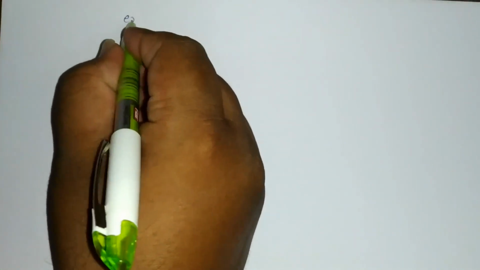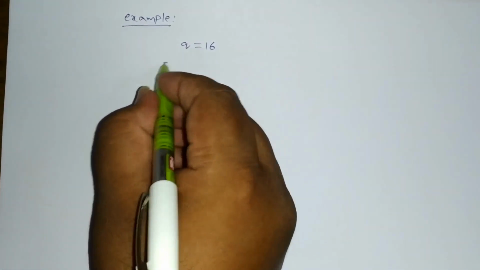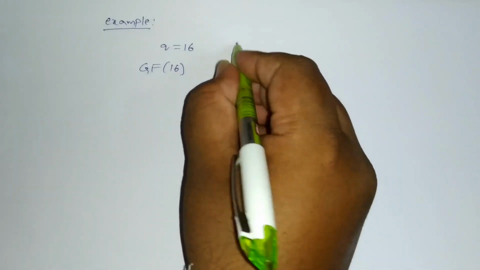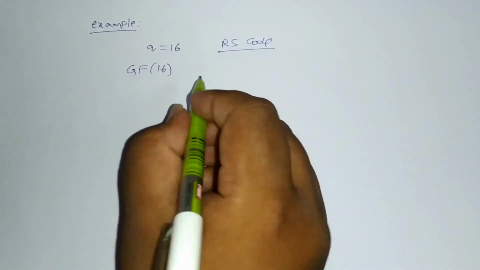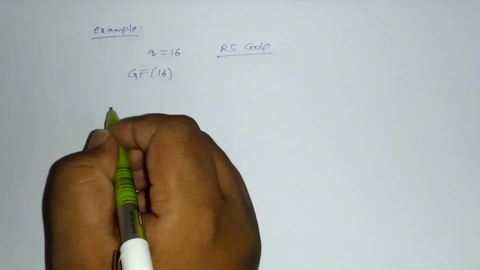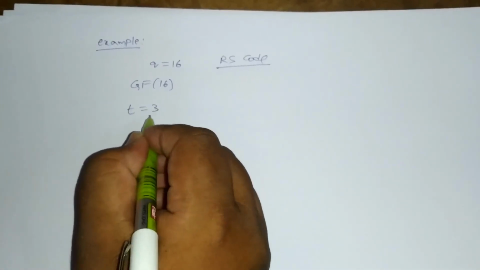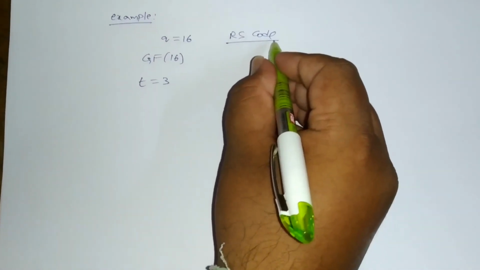Now we'll discuss one example related to RS coding, and here I will assume Q is equal to 16, that is GF of 16, and based on that we represent the RS code. Another parameter required is how many errors we are trying to correct. So let us assume t is equal to 3, a triple error correcting code with Q equal to 16.